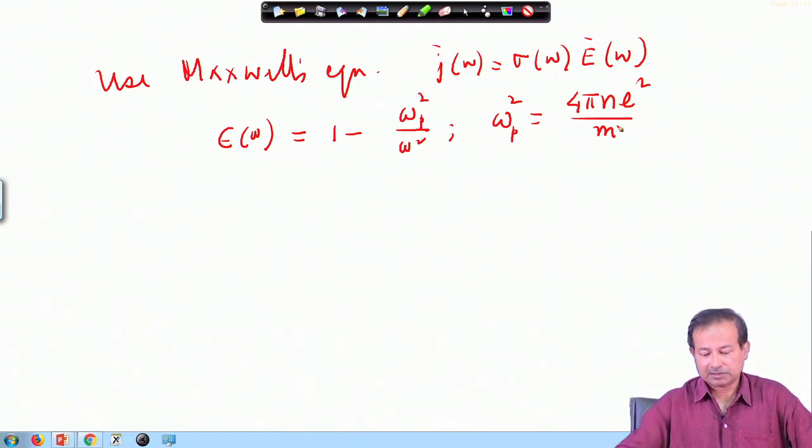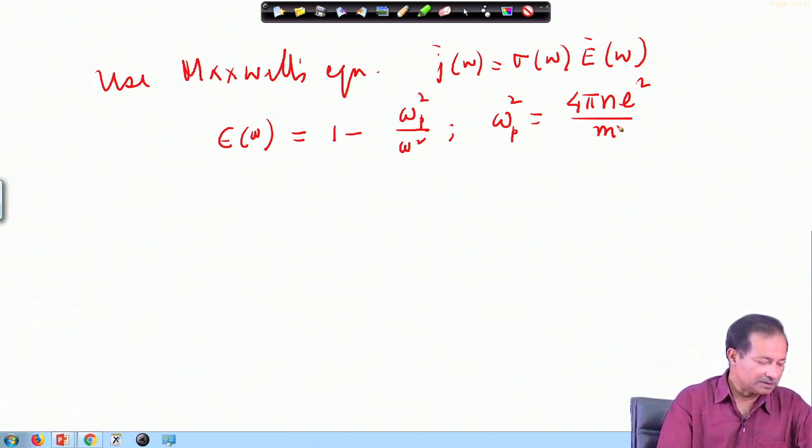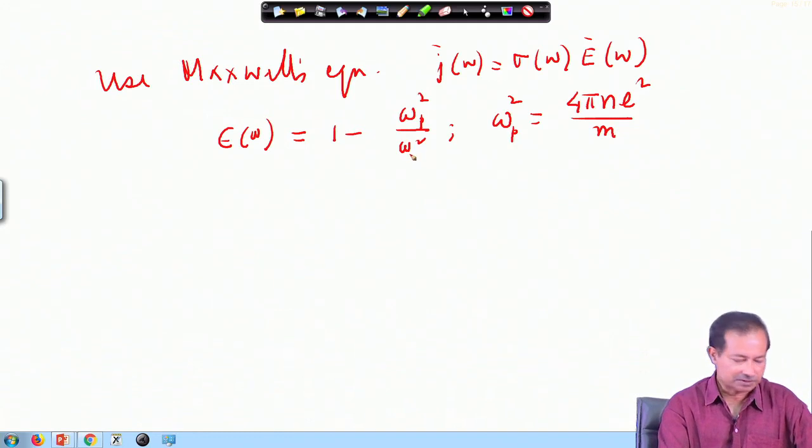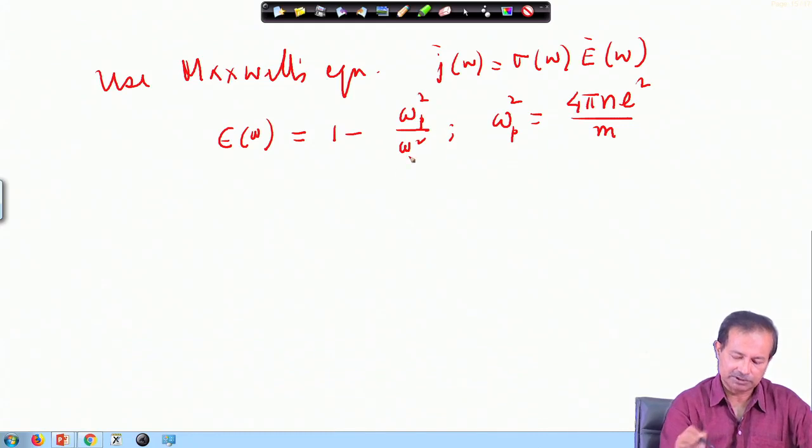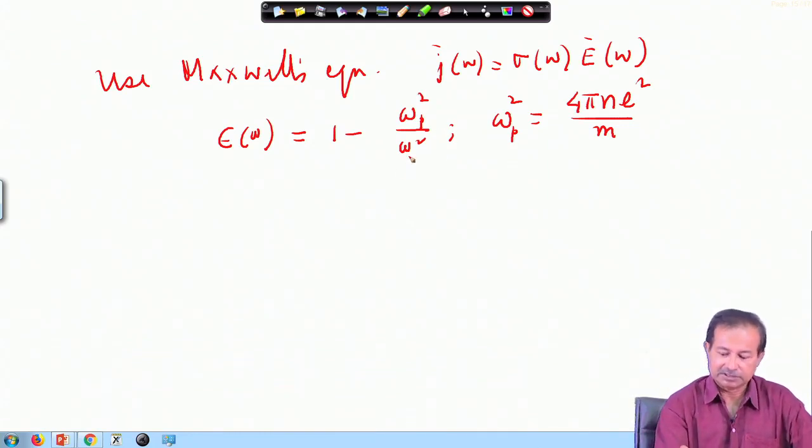Now, if the dielectric constant has to remain positive, then omega has to be greater than omega p. That means this quantity has to be less than 1, whereas if omega is less than omega p, then there is a trouble, because then it becomes a negative number.